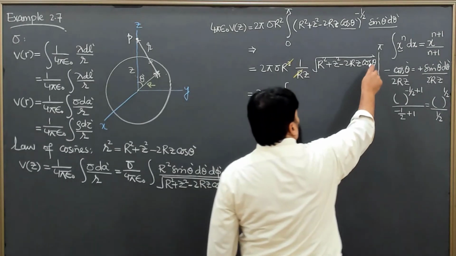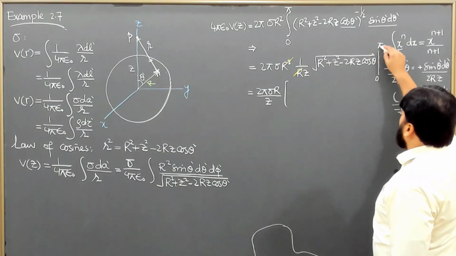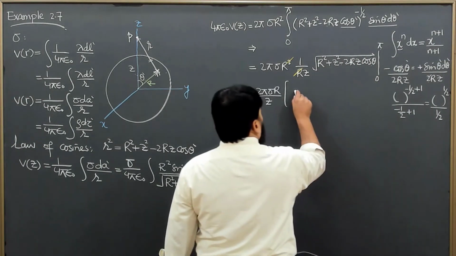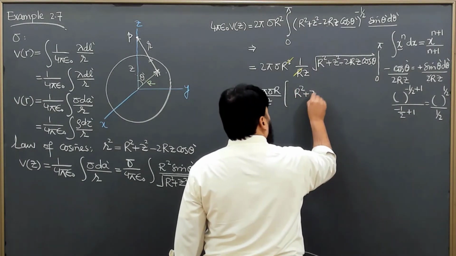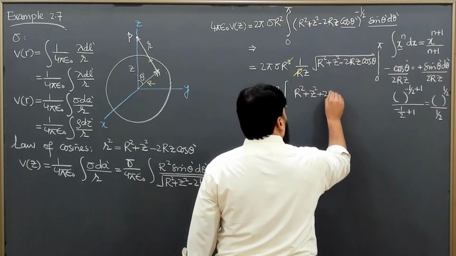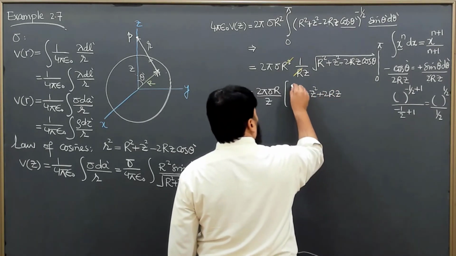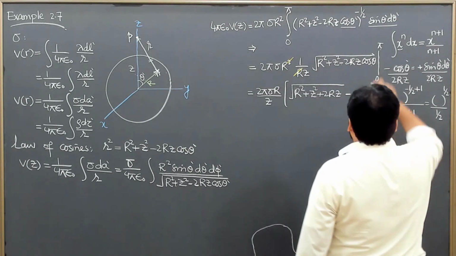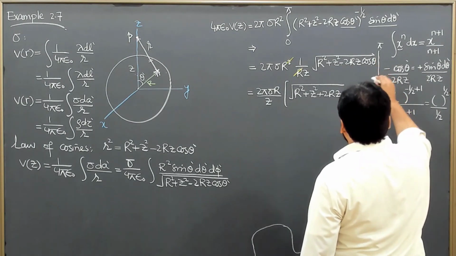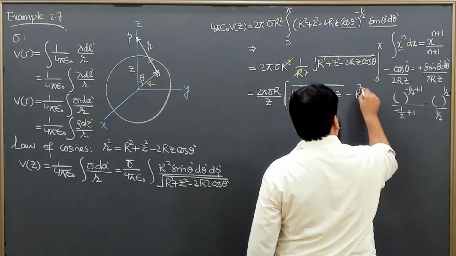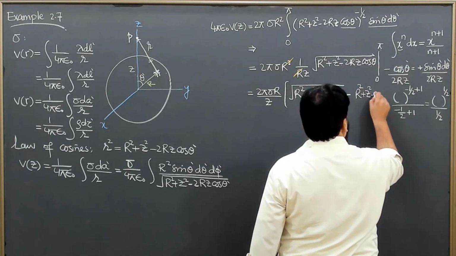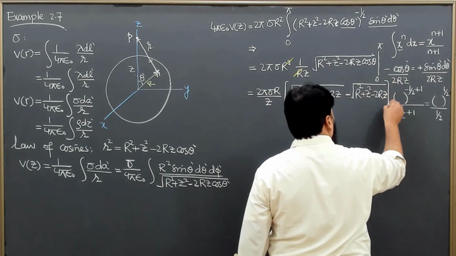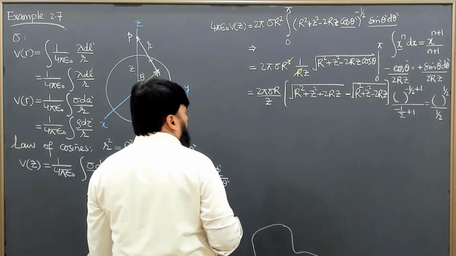When I put theta equal to pi, then cos pi is minus 1 and this will become plus. So this is the square root of R squared plus Z squared plus 2RZ, minus, when cos theta is 0, then it is 1, so the square root of R squared plus Z squared minus 2RZ, and we are having the square brackets here.